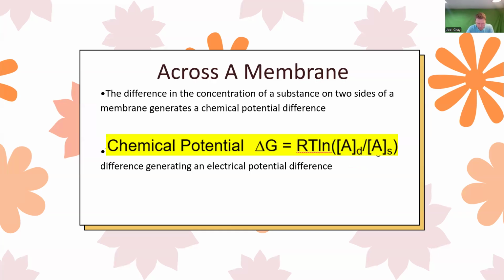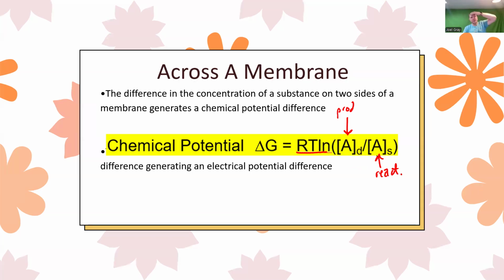We can sum this up by saying the difference in the concentration of a substance on two sides of a membrane generates a chemical potential difference. Delta G is equal to RT ln, and here's our concentration in the destination over concentration in the source. So this is our product over a reactant.